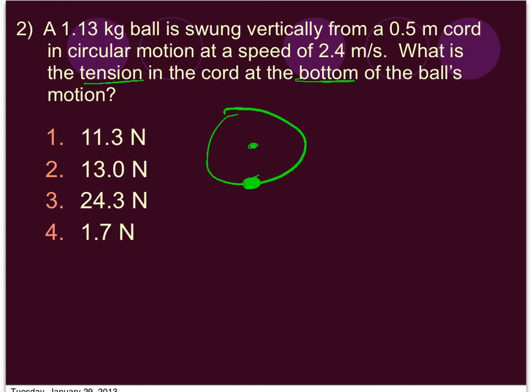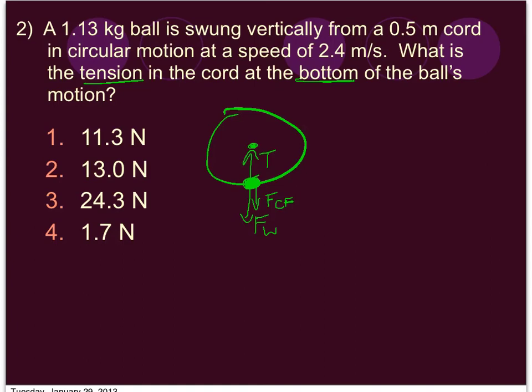We know that it's going to experience a pull by gravity, so it's going to give it a weight. We know that what's allowing it to move in that circular path is the centripetal force provided by the tension in the cord. And we also know that it's going to experience this centrifugal force, or center fleeing force, which is going in the same direction in this case as our Fw.